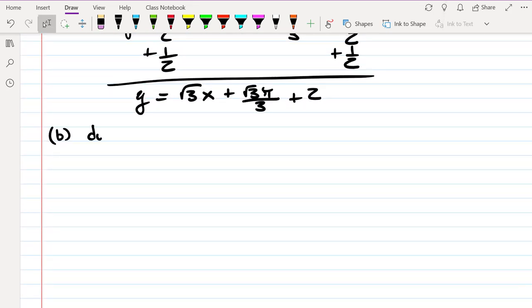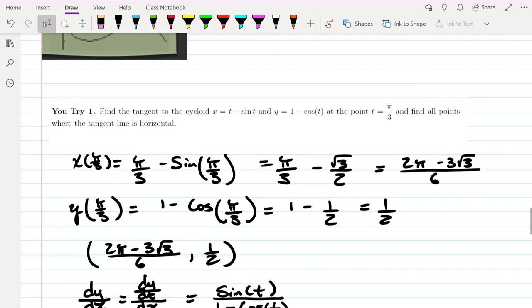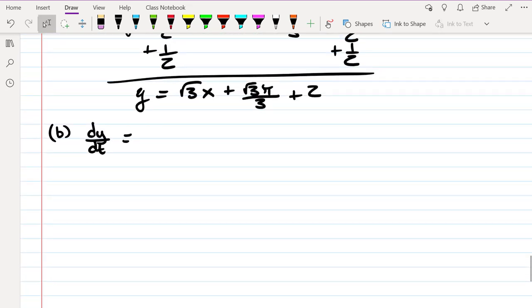So dy dt, well, the derivative of 1 minus the cosine of t: the derivative of one is 0, and the derivative of cosine is negative sine, so the negative makes it positive, so we get sine t.